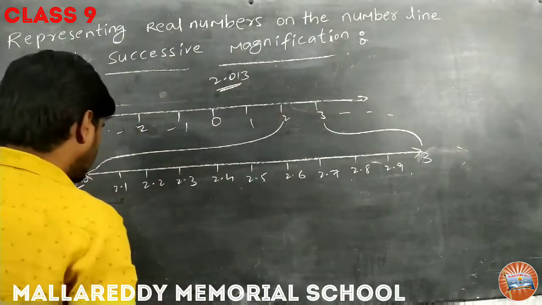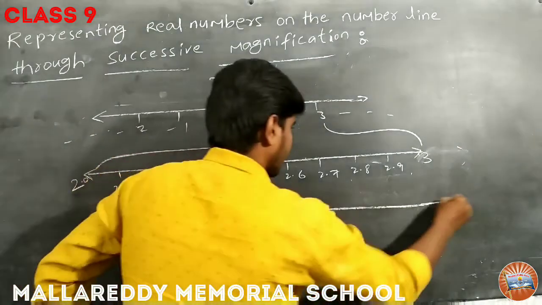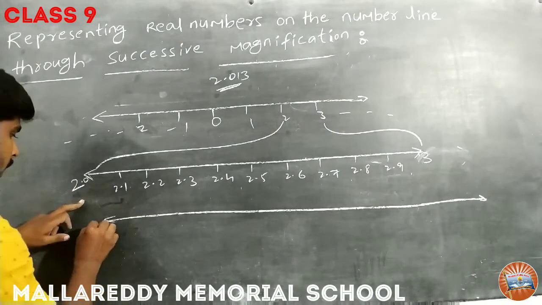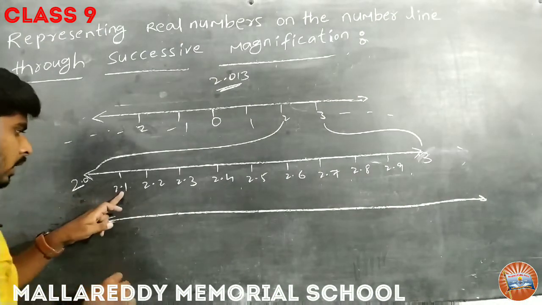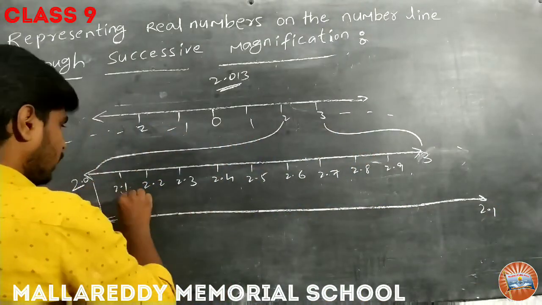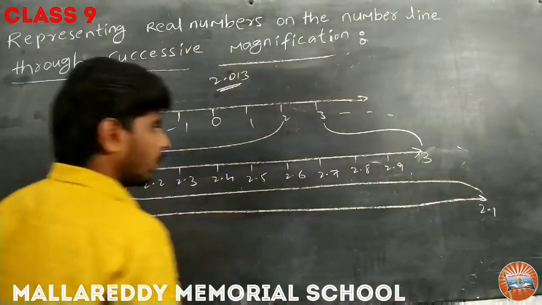Next, what we have to do? Take a number line again. We have to represent here 2.0 and here 2.1. We have to represent like this.